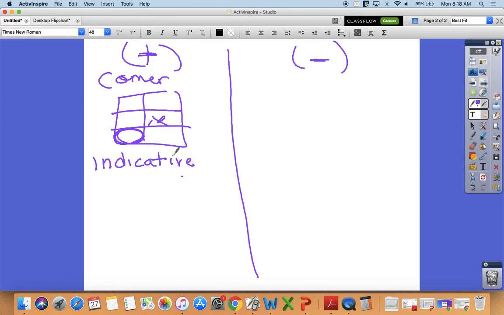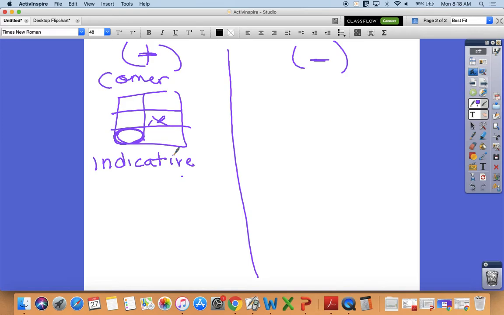Those are all present indicative, preterite indicative, imperfect indicative. That's just the formal name. Those are all facts. If I said she is tall, or he wanted to go to the store, I used to have a cat, those are all facts, right?